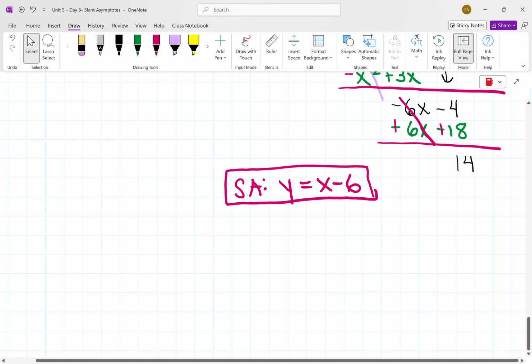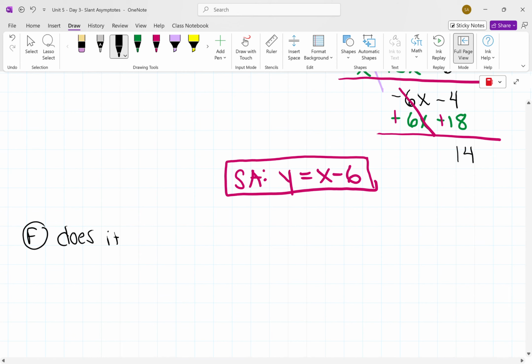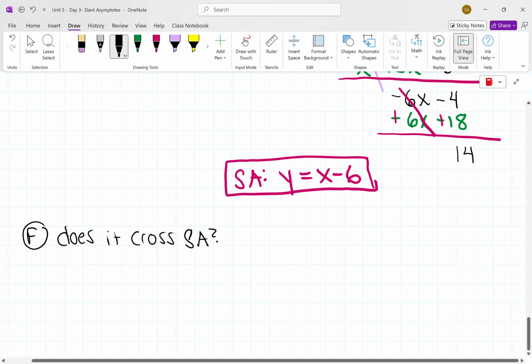What's the last thing I have to check for? Cross. Does it cross? And the way we check to see if it crosses the slant asymptote, we take our equation, x squared minus 3x minus 4 over x plus 3, and we set it equal to the slant asymptote.